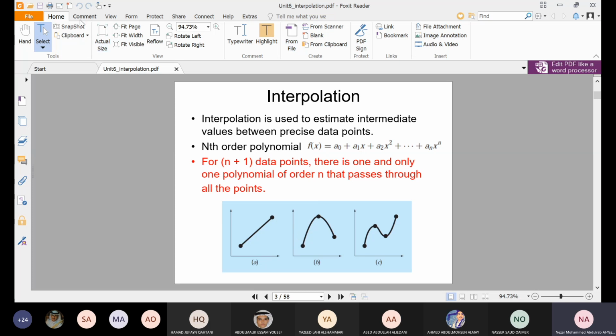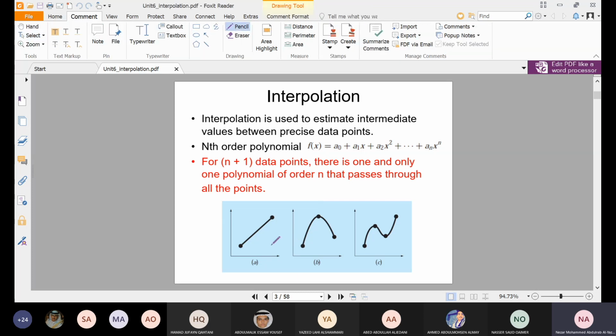In least square we minimize the error: we have certain points and try to minimize the distance between these points by selecting the best fit line. But in interpolation, this line should connect all these data, or exactly draw all the points that we have.